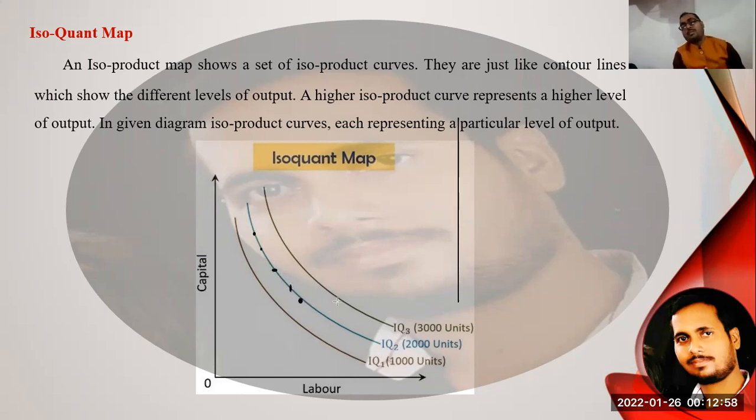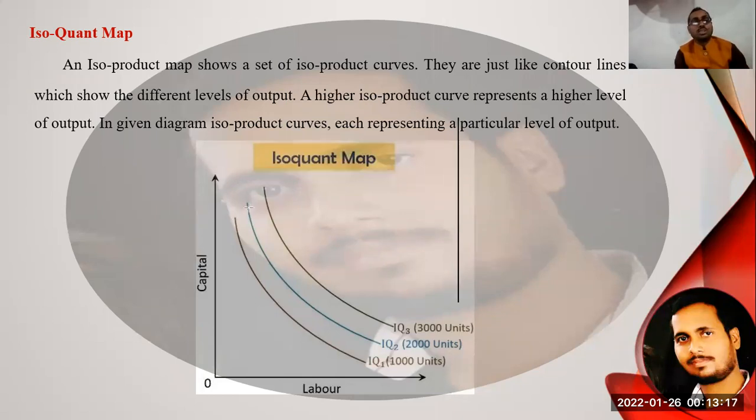Wherever the entrepreneur is on those combinations, the entrepreneur is able to get the output of 200 units.